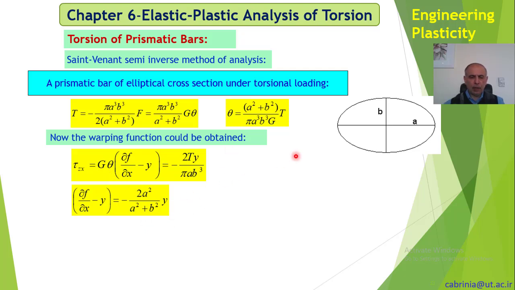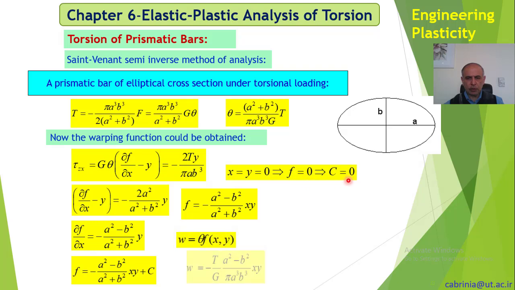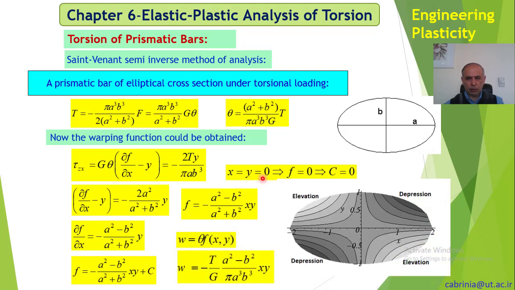And then we can integrate this F with respect to X, and for this constant of integration, we put the boundary conditions, which is X equal to Y equal to 0, F is equal to 0, therefore C is equal to 0. So at that point we don't have any warping at all.